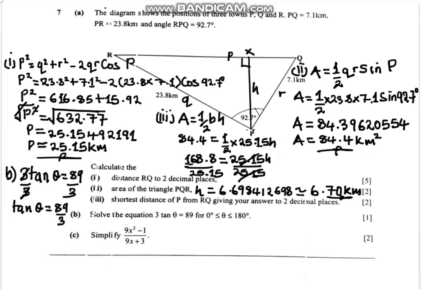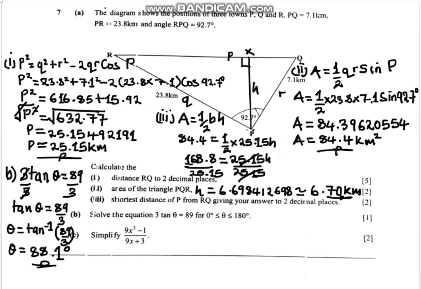And then finding theta, we apply tan inverse on the right side. So tan inverse of 89 over 3. This is going to give us theta equal to 88.1. So this is correct to 1 decimal place. For angles, we have to leave our answers correct to 1 decimal place.